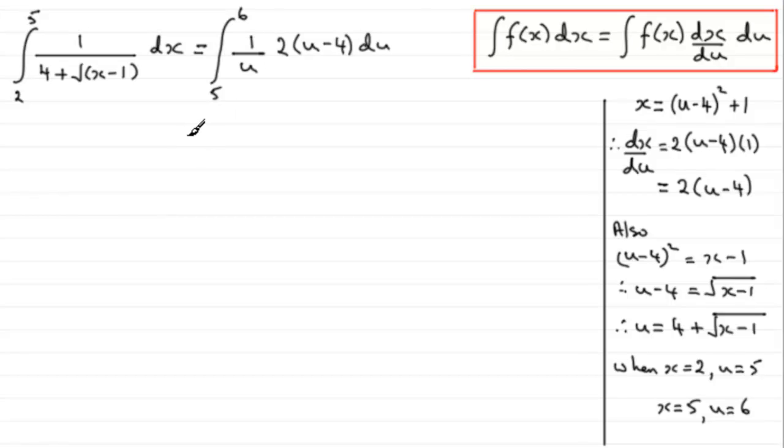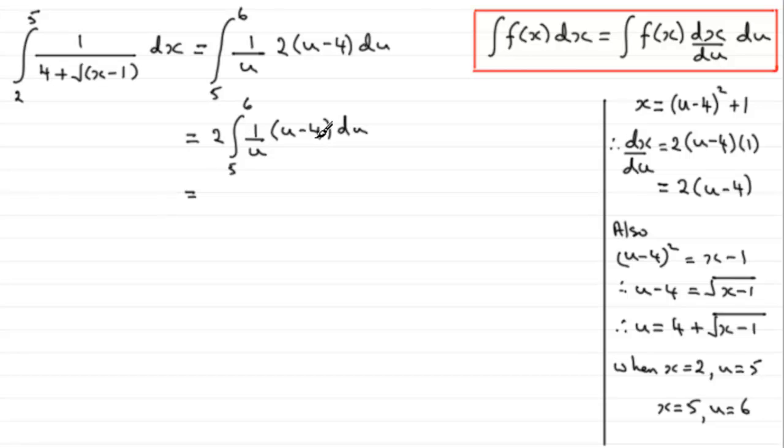Okay, so we've got that. Now we've got a nice integral here. We can pull out the 2 in front of the integral, and then we've got 1 over u multiplied by u minus 4 integrated with respect to u. I forgot my limits there, didn't I? So we've got 5 there and 6 there.